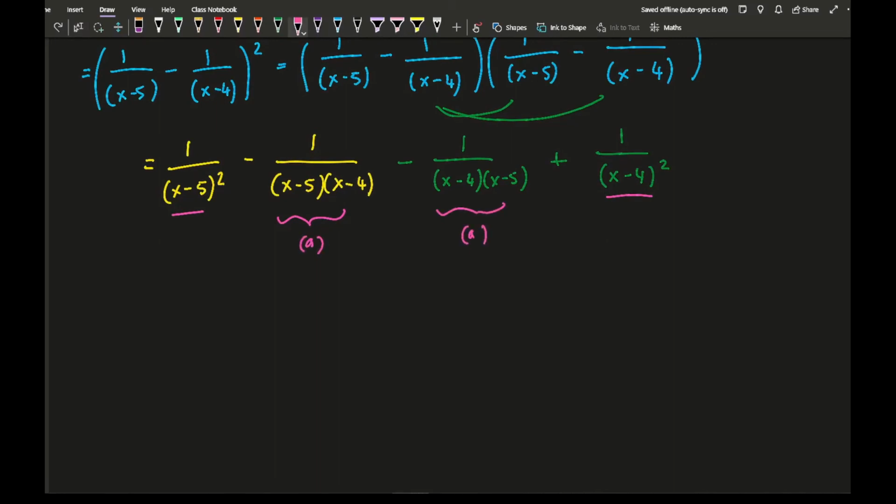So what I've then got is, if I just keep this on the side here, and let's just keep the yellow going, I've got 1 over x minus 5 squared.